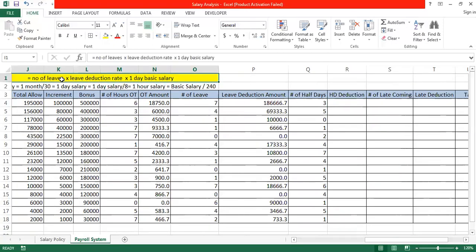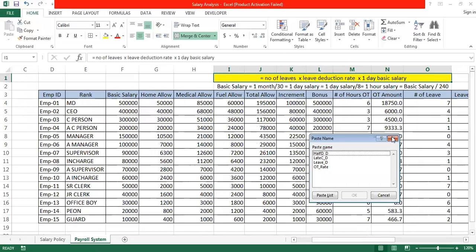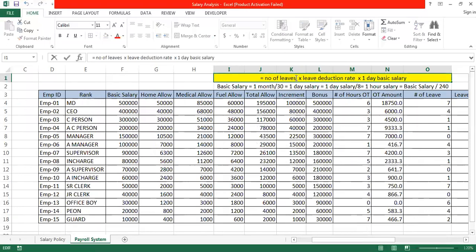Number of half days, multiplied by half day deduction rate, multiplied by 1 day basic salary.